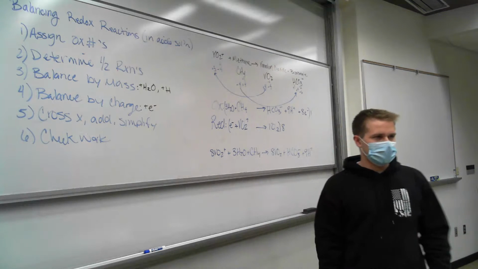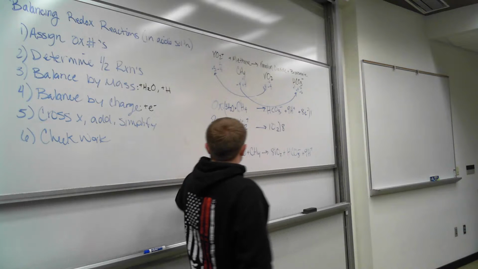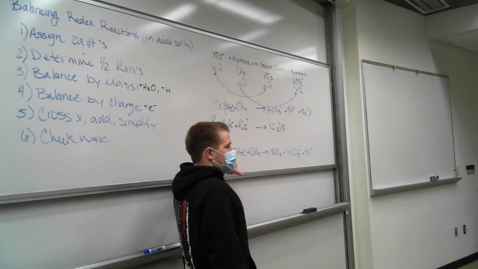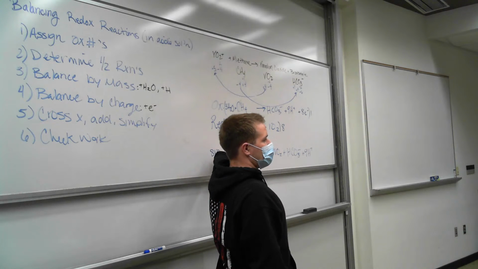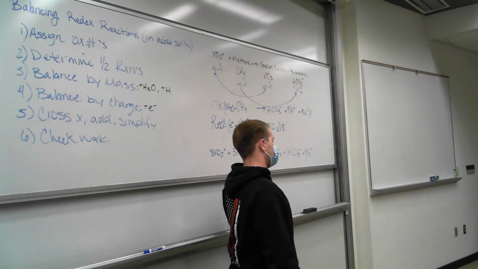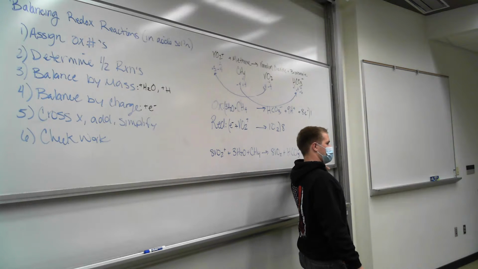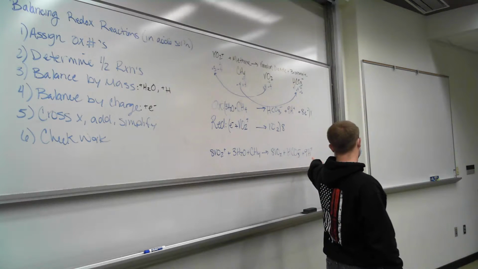And now our last step is to check our work. The oxidation number in our VO2 plus is going to be +1. +1 times 8 is +8. CH4 and H2O are 0, so plus 8. Over here, hydrogen's plus 1, we have 9 of them, plus 9.